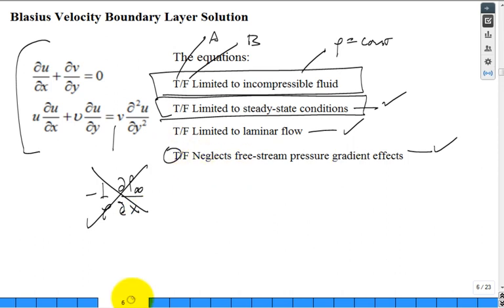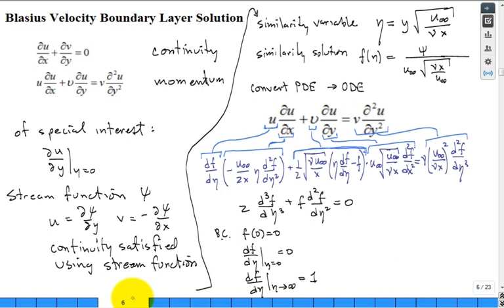All right. Well, here's the solution. So you take the continuity and the momentum. You say, instead of solving two PDEs, I would like to somehow solve one of them using the stream function. Have you seen this term stream function before? Sure, it's in your fluids book.